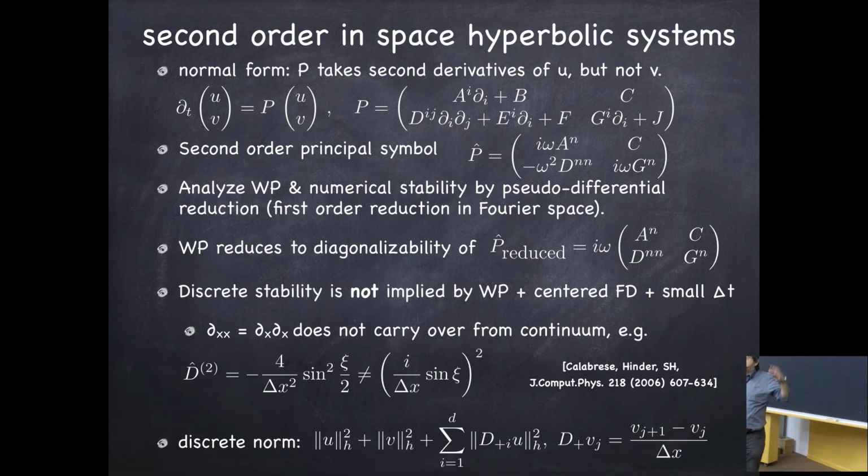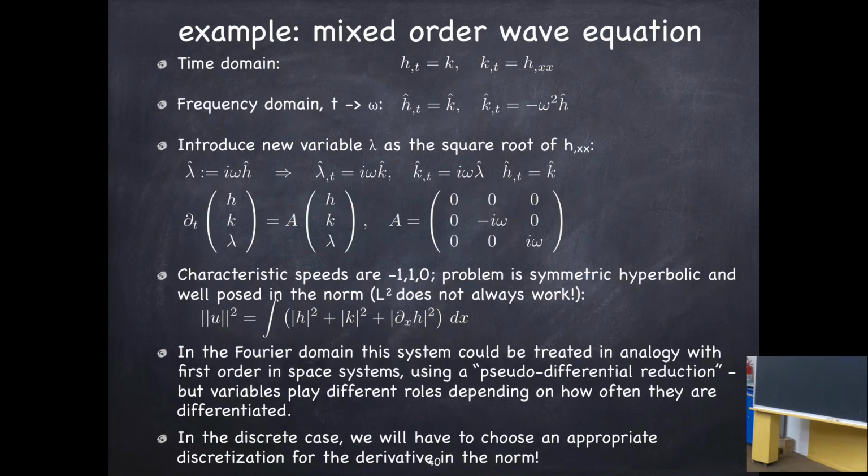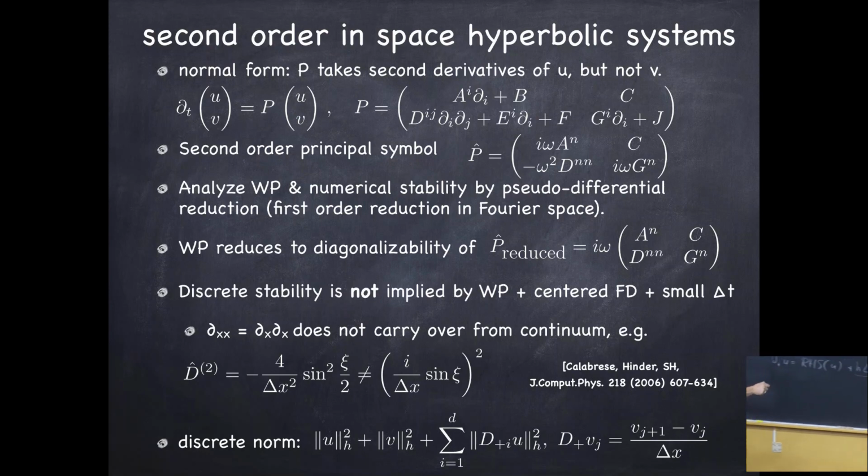And then you can basically do the same analysis as before, but now it's not just the analysis of this one matrix A, but you somehow have to take care of these different matrices which appear in this kind of normal form for second order systems, which is a bit more complicated. And then you essentially do the same thing as before, until you hit a problem, because now in the continuum problem you say, okay, I just have to add this term to the norm, the derivative, but in the discrete problem you don't know how you have to discretize it, and then it turns out you can just make a simple choice.